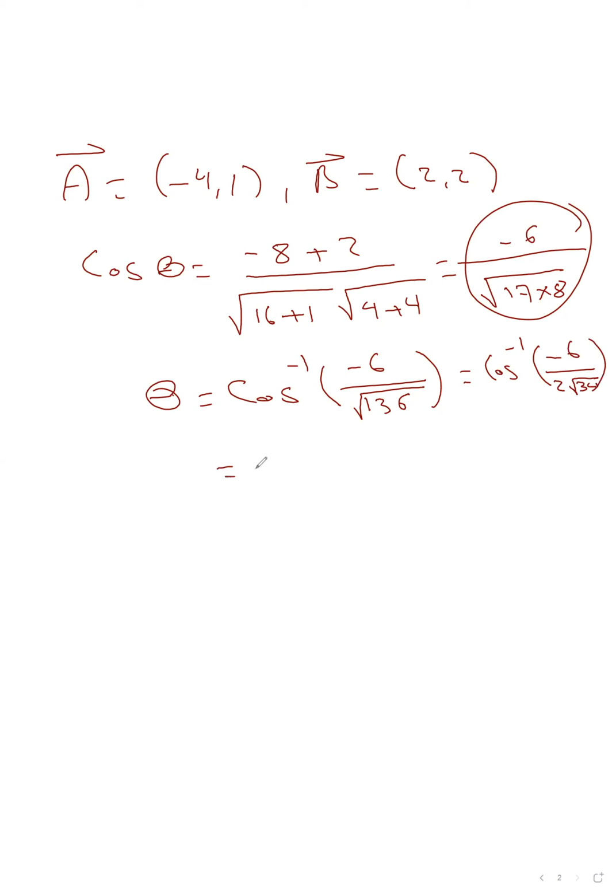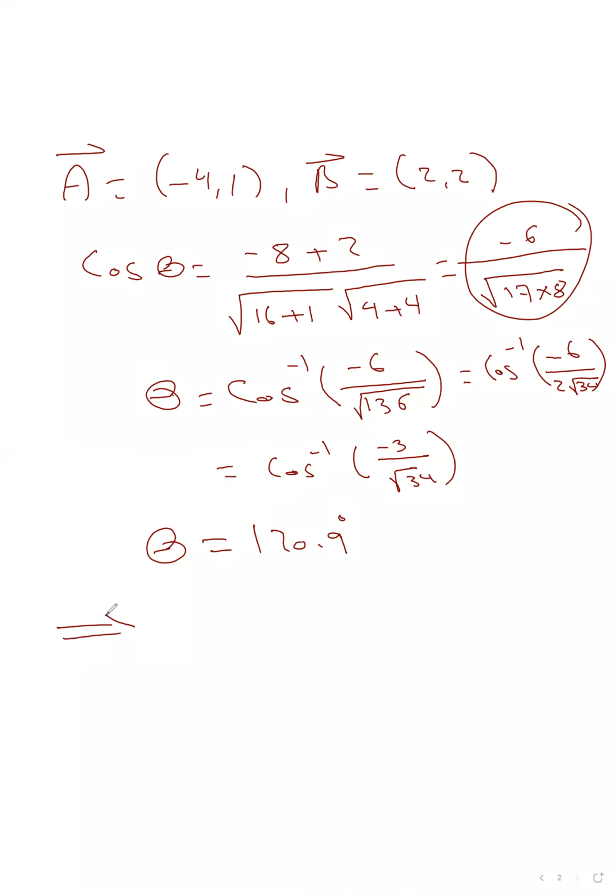Okay, which is cosine power of negative 1 of negative 3 over root of 34. Then theta equals 120.9. قلت لي كام؟ 120.9. Okay. يعني obvious angle اهو.